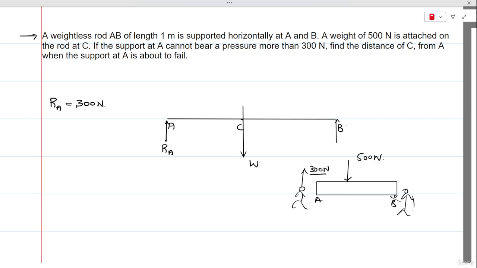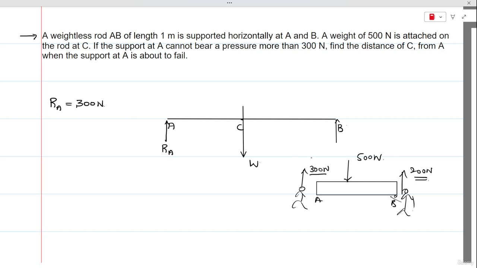And if that is the case, the person at point B should be lifting 200 newtons of force. So this is what we can interpret from here.